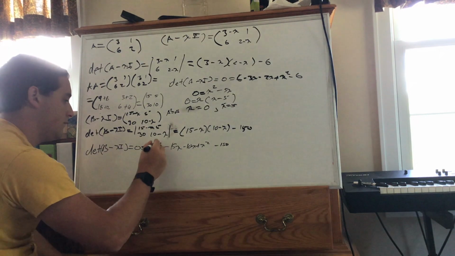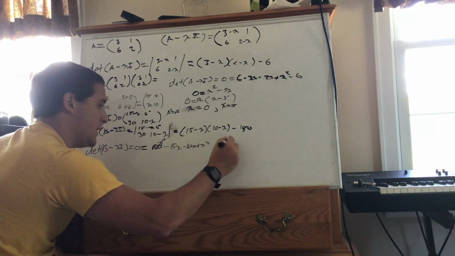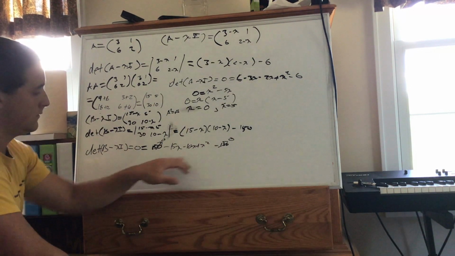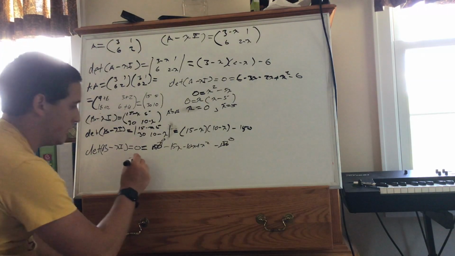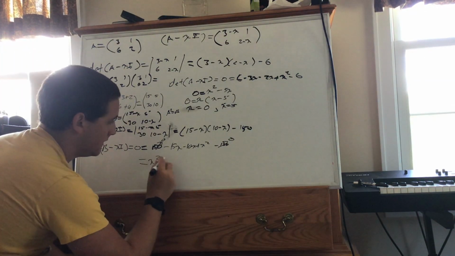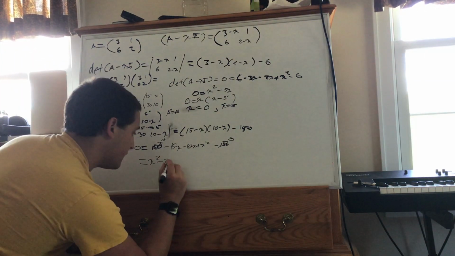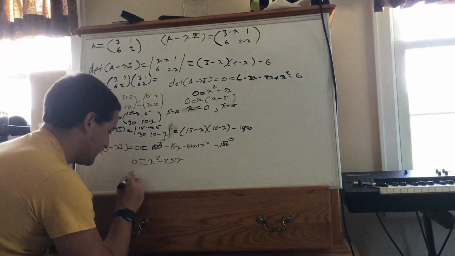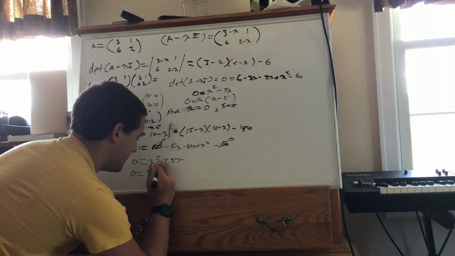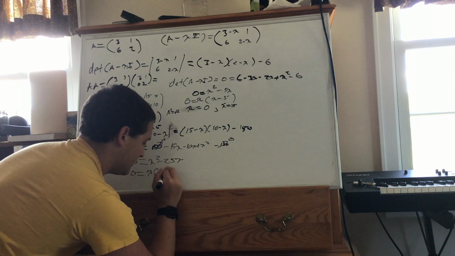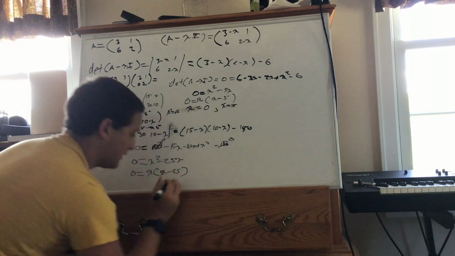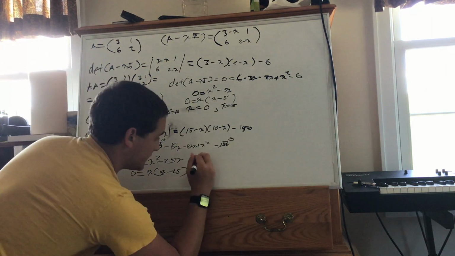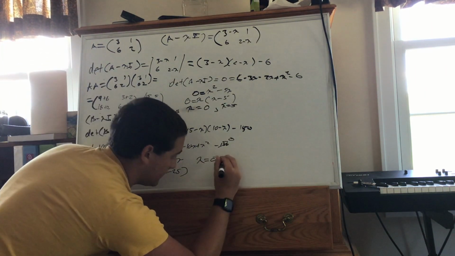The 150s cancel out because that makes 0. Then we get lambda squared minus 25 lambda, and this is pretty much our answer. So the eigenvalues of this matrix are 0 and 25.